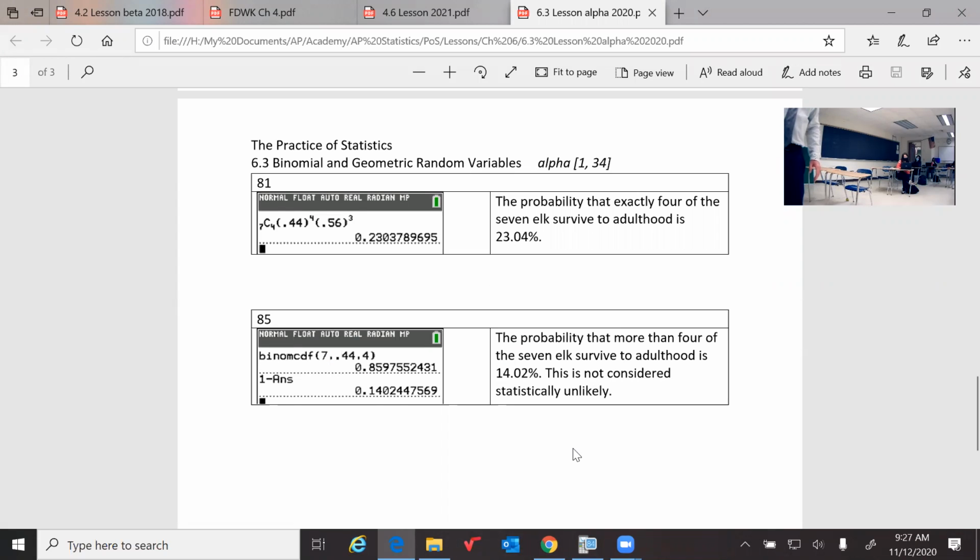Let's do the probability that up to and including 4 survive. If we do that, which is cumulative, you get 85.9%. So that includes everything except what we want. One, take away that's the 14%. Because the issue is, we know that this is what we want.